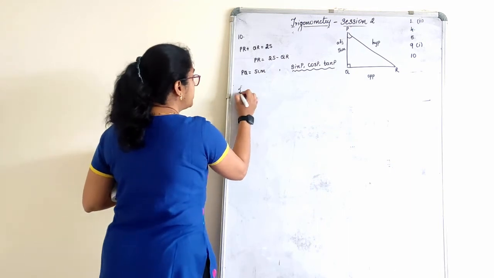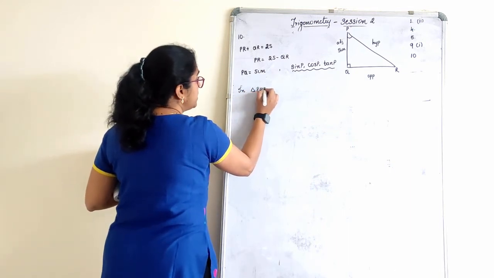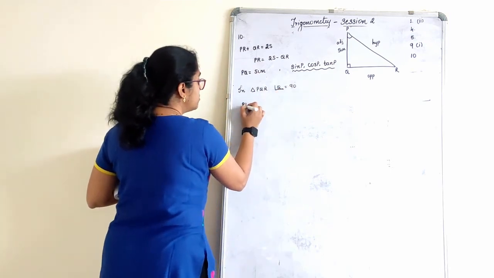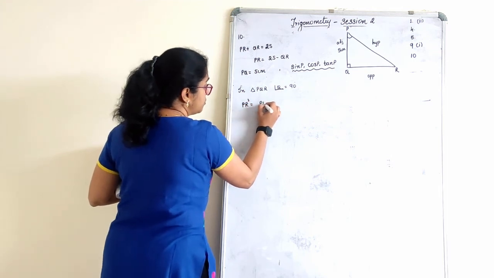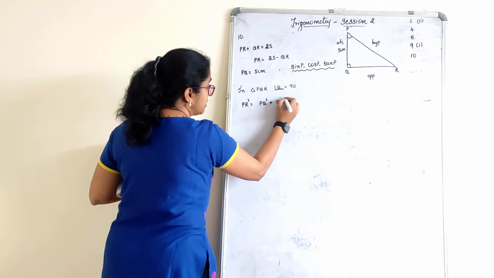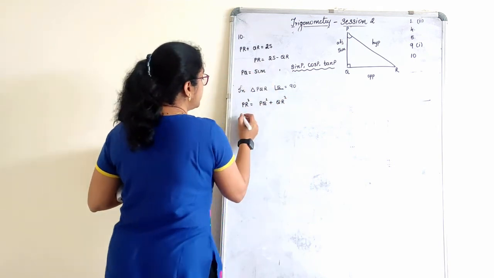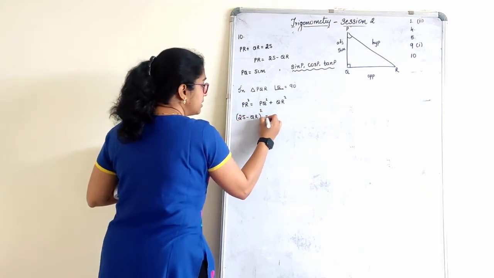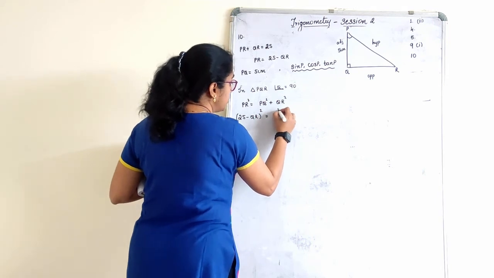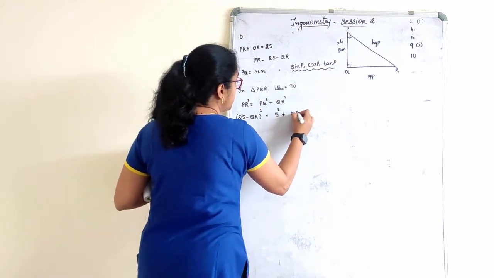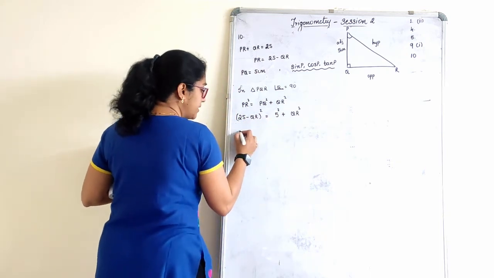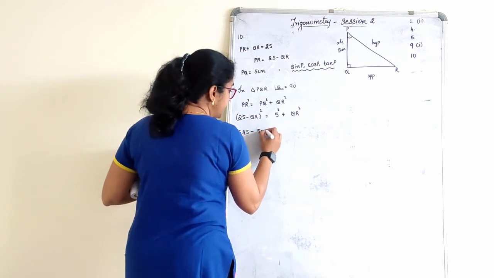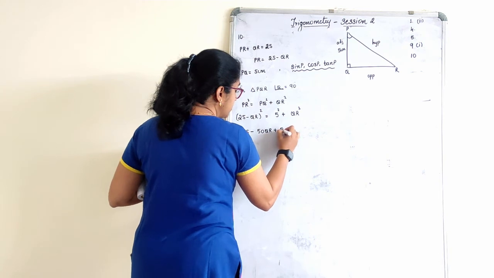Okay, let's find the unknown sides. In triangle PQR, right angle at Q, angle Q is equal to 90 degree. So PR square is equal to PQ square plus QR square. PR square is written as 25 minus QR whole square is equal to PQ square, that is 5 square plus QR square. A minus B whole square, 625 minus 25 2s are 50 QR plus QR square.